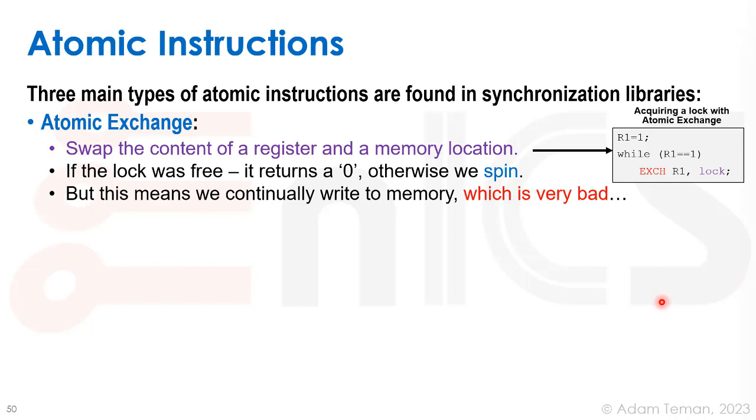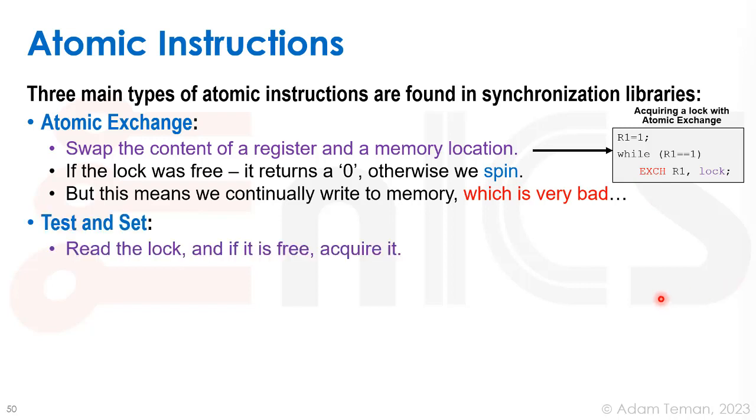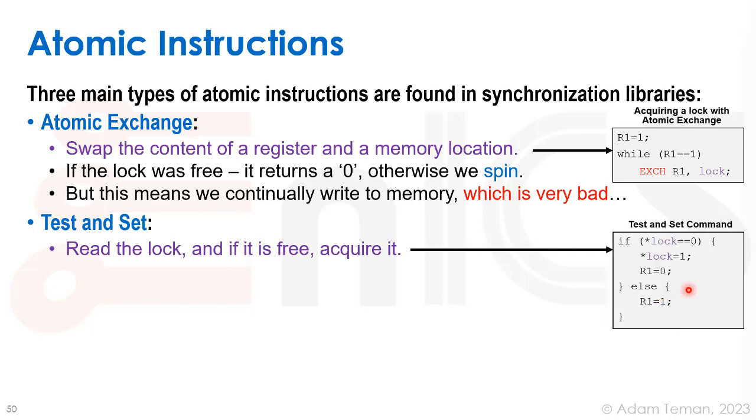So instead, we can use a test and set type of command, which is what I just briefly showed before. In a test and set type of command, we first read the lock, and if it's free, then we acquire it. So the semantics of such an instruction would look something like this. If the lock is free, then we lock it and we reset R1 so it will escape this loop.